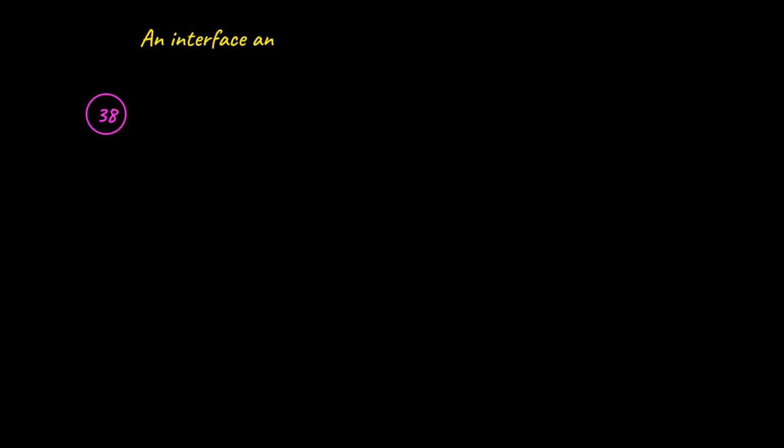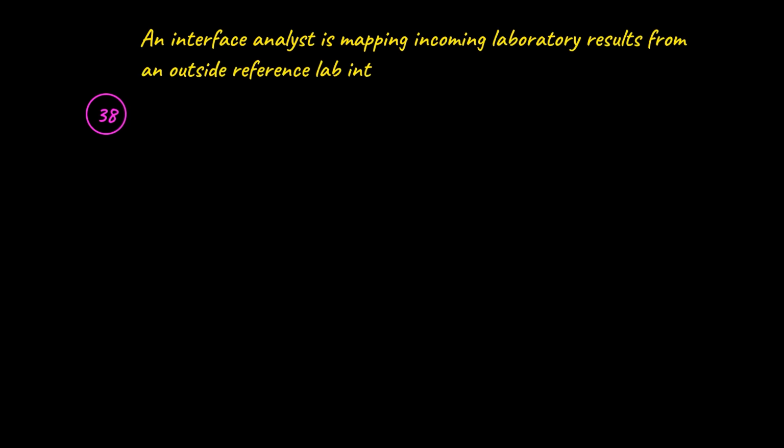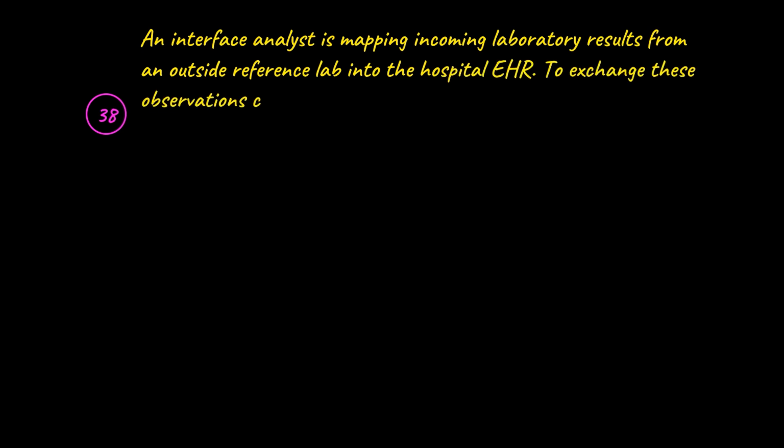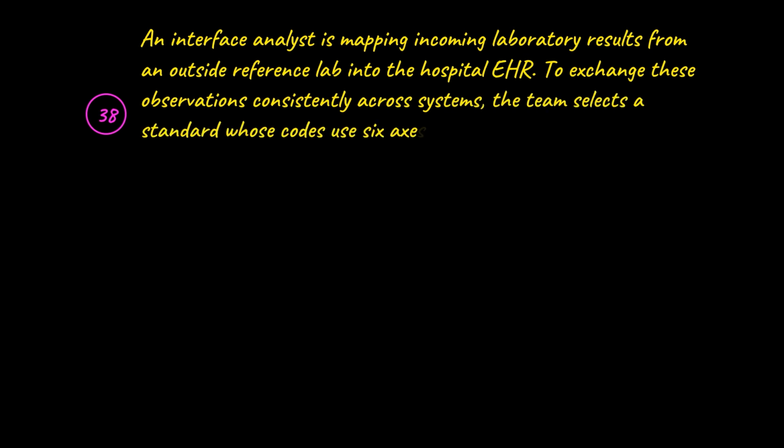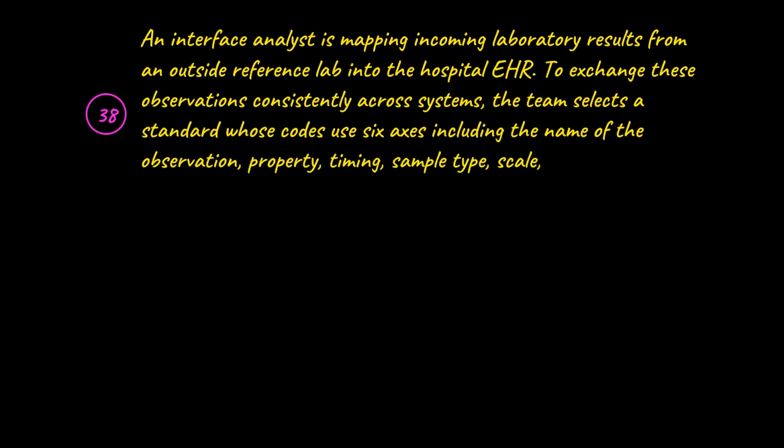Question 38. An interface analyst is mapping incoming laboratory results from an outside reference lab into the hospital EHR. To exchange these observations consistently across systems, the team selects a standard whose codes use 6 axes, including the name of the observation, property, timing, sample type, scale, and method.